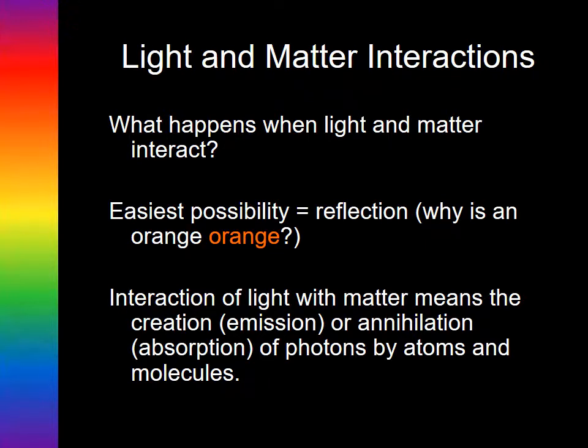Now be very careful. Every now and again I'll ask people, why is a lemon yellow? And somebody will tell me, oh, the lemon is emitting yellow light. Nope, wrong answer. Emit and reflect are two very different words and have two very different meanings. Reflect means that the light is bouncing off.